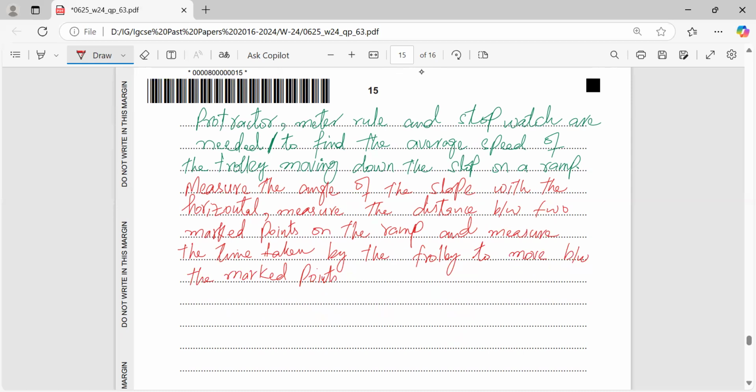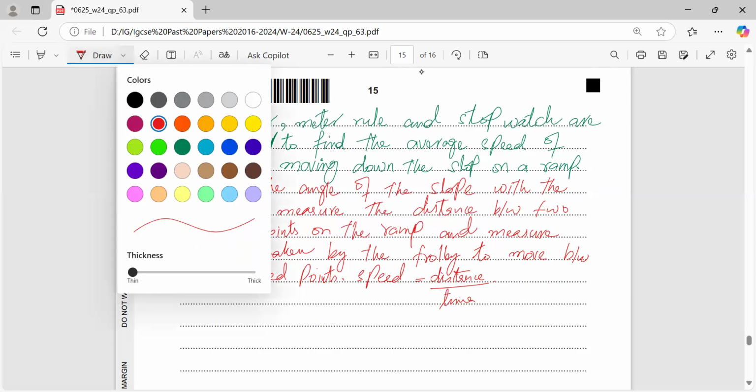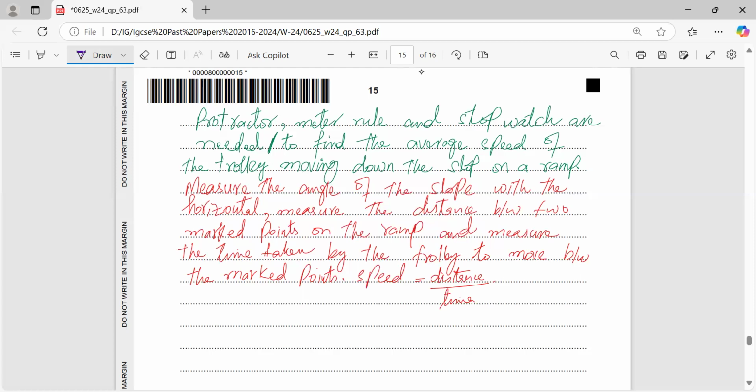So with the marked points, you can find the speed. Write this formula: speed is equal to distance over time taken. But always remember, when they say briefly explain how to get this result, you are not going to take only one reading.